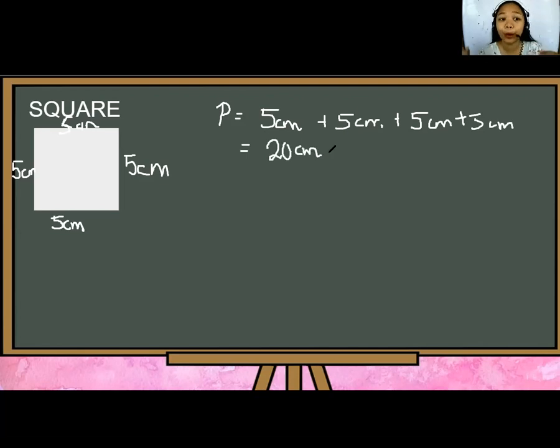So that is the perimeter of our square. But based on what we just did, can you figure out what is the formula in getting the perimeter of the square?